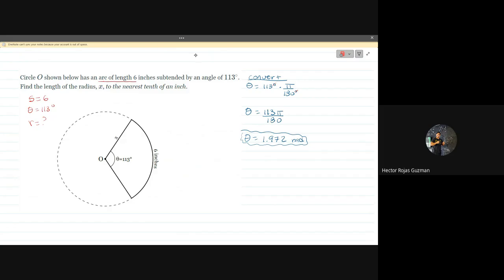Okay, now for the main problem. Since we're given the arc length, the angle, and we're looking for the radius, I know automatically that we should be using our arc length formula. But it's a little bit different now since I'm given the arc length, 6.